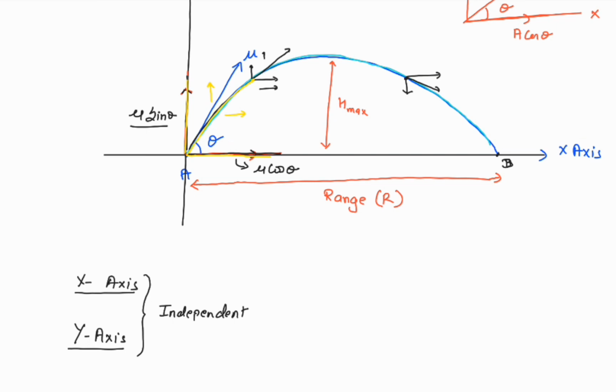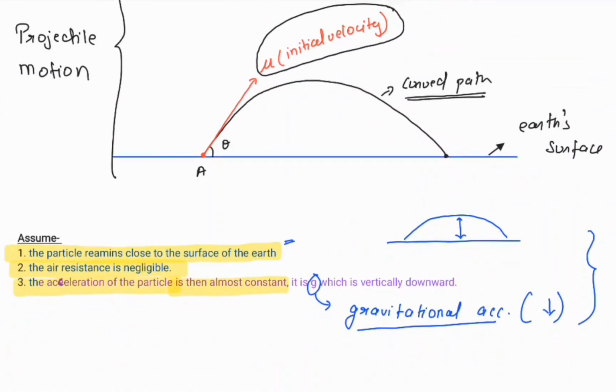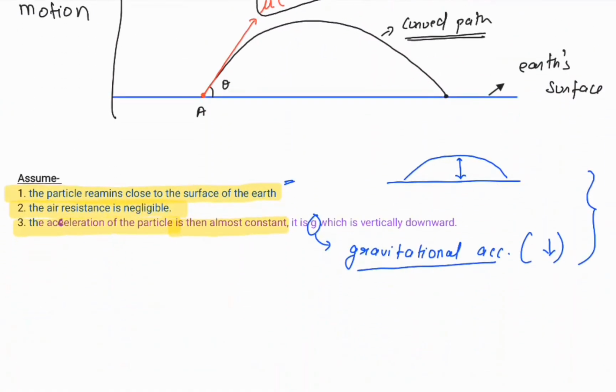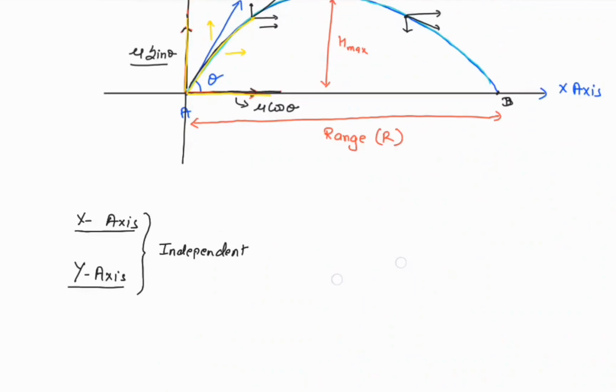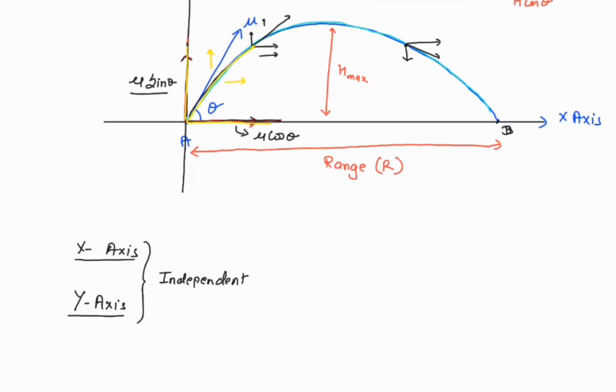And if you look at a previous topic, I have discussed that there is only one acceleration in projectile motion, which is the acceleration due to gravity. We know the acceleration due to gravity works downward, which is along the y-axis.